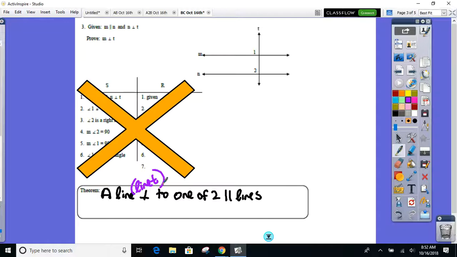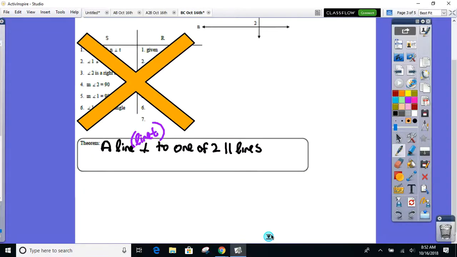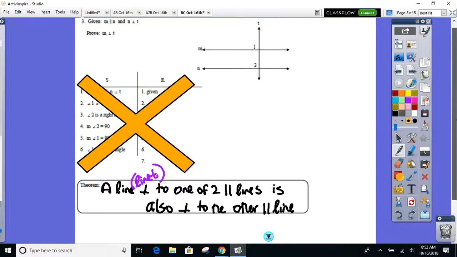So a line perpendicular to one of two parallel lines is also perpendicular to the, what do you think, other parallel line. Let me go back up because I like looking at the actual letters instead of the full theorem.